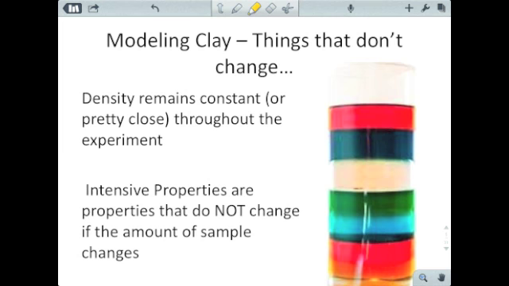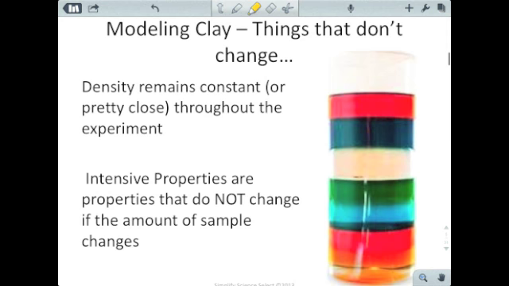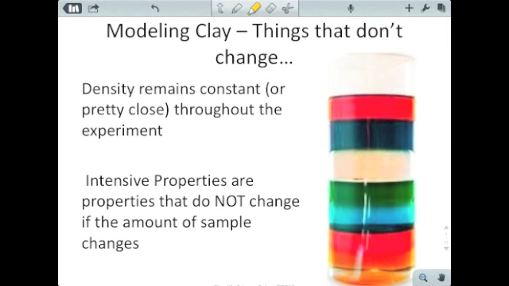Now, the things that don't change. In looking at the modeling clay, the density should remain constant, or pretty close, throughout the entire experiment. It really doesn't matter what volume we have or what mass we have.